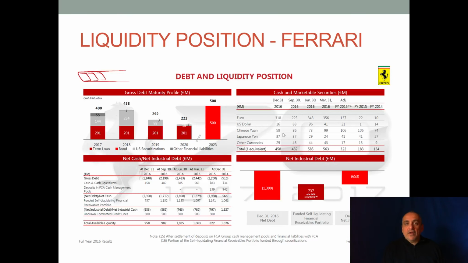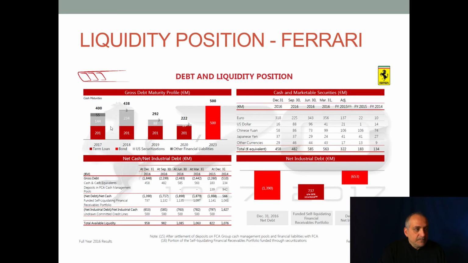Let's look at one of my favorite companies in the world, Ferrari. This is the debt and liquidity position of Ferrari in the way the company decides to present itself to the financial community. First of all, it shows you the maturities of Ferrari's outstanding debt.